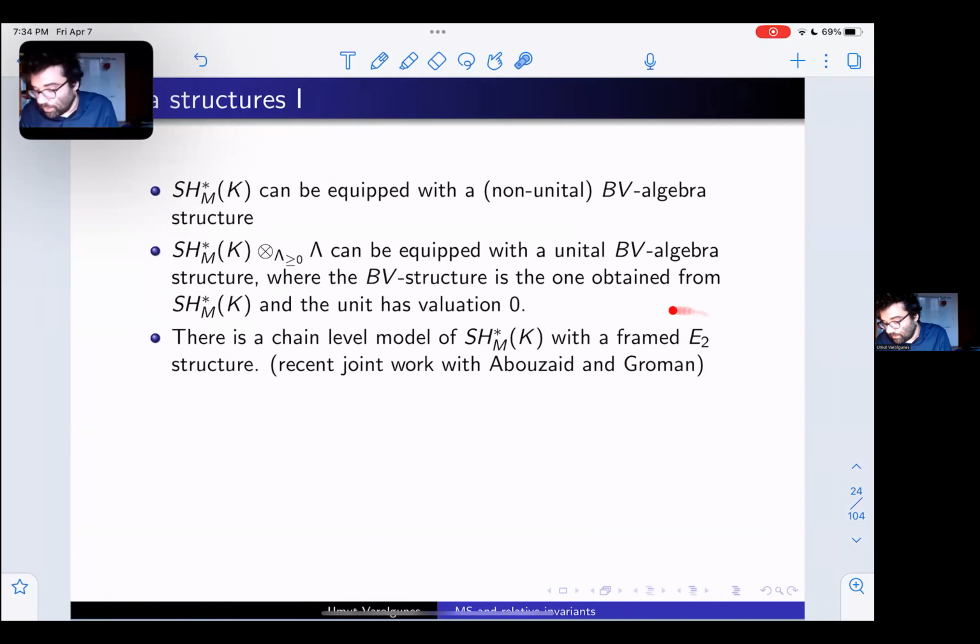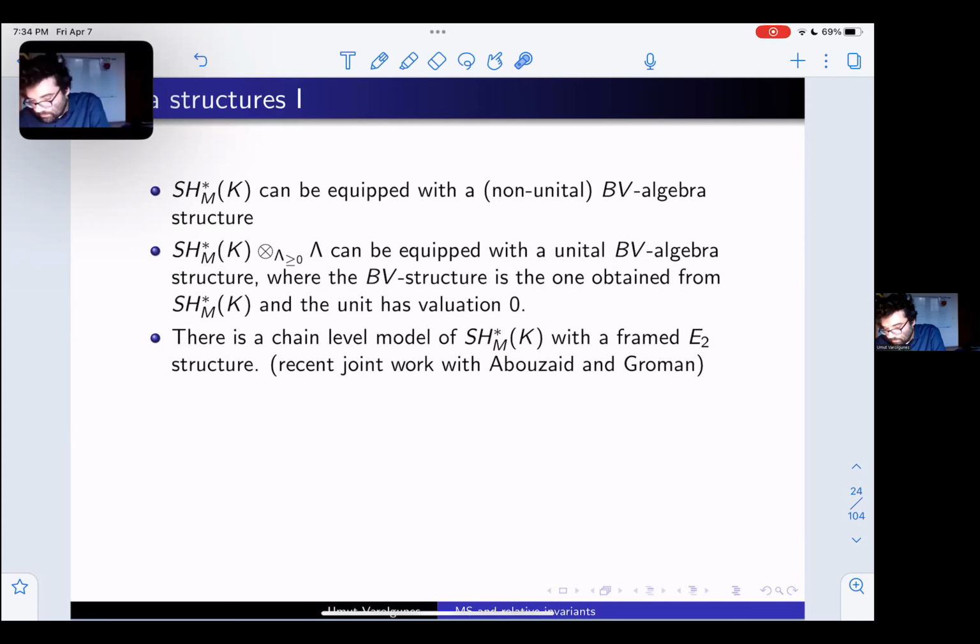Normally this is part of the structure of quantum cohomology, for example. And quantum cohomology is just a special case of this construction where you take M to be a closed manifold and K to be the entire manifold. Then you get quantum cohomology, and you recover the BV algebra structure from this framed E2 structure.